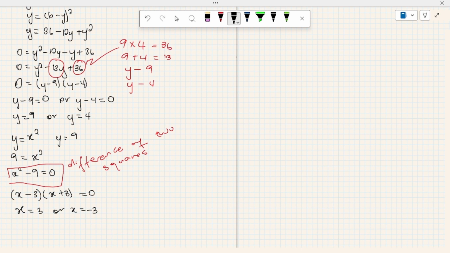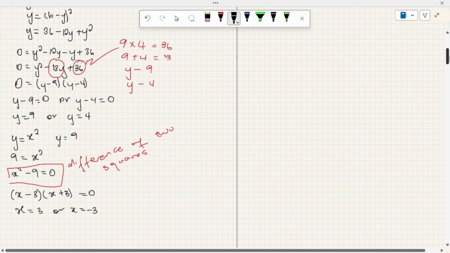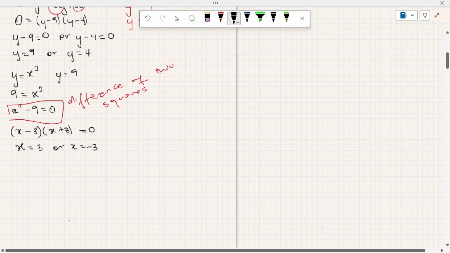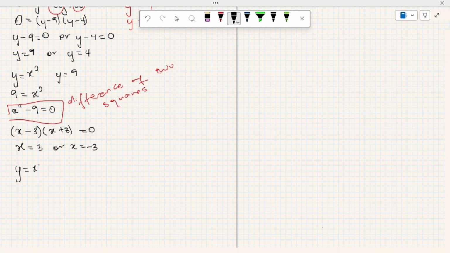So these are the values of x when y is equal to 9. So let's solve the second one. So y is equal to x squared when y is equal to 4.